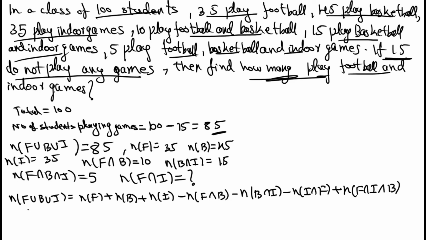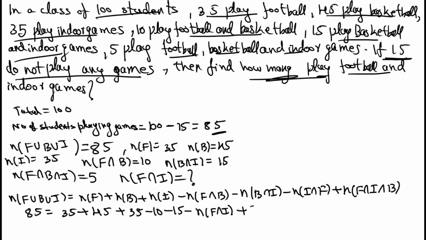Substitute the values. 85 is equal to 35 plus 45 plus 35, minus 10, minus 15, minus n of F intersection I, which we need to calculate, plus 5 for all three games.